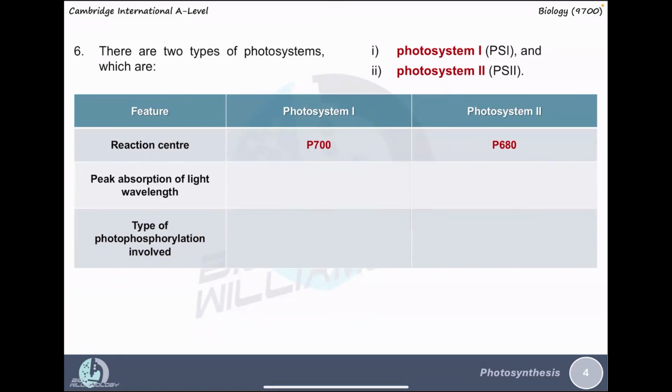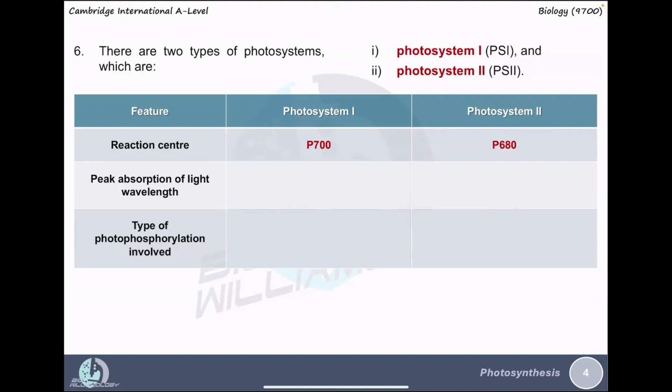This reaction center is formed by a chlorophyll molecule known as chlorophyll A, but not all chlorophyll A can be a reaction center. There are strict rules to select which type of chlorophyll A can be the reaction center.